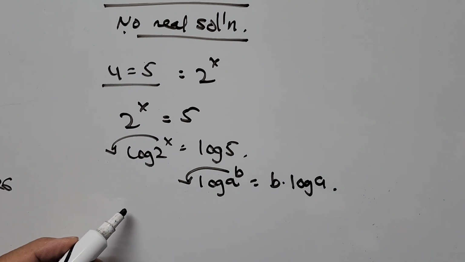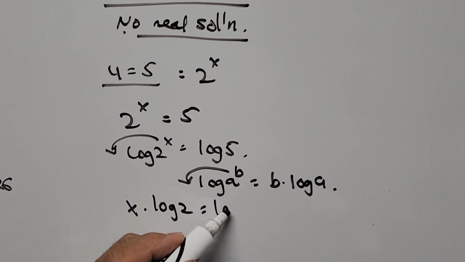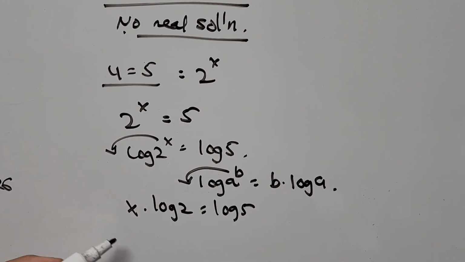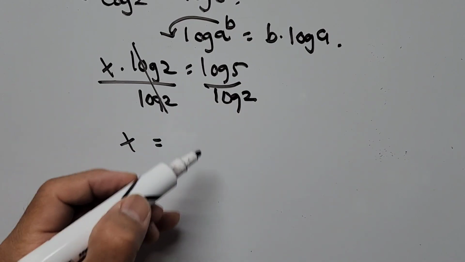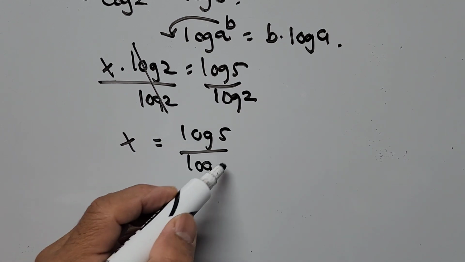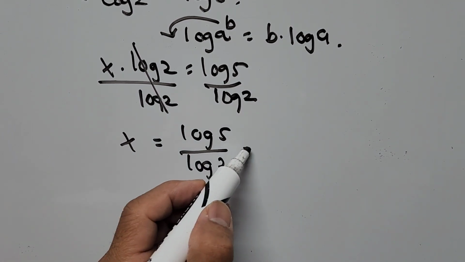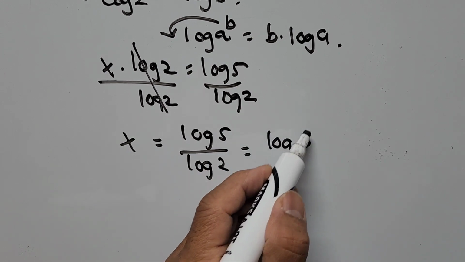So we have x times log of 2 equals log of 5. Solving for x, divide both sides with log of 2. So we have here x is equal to log of 5 divided by log of 2. Or this can be written the same way also as log of 5 base 2.